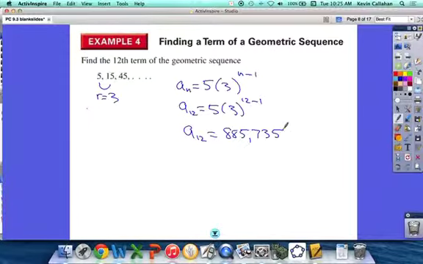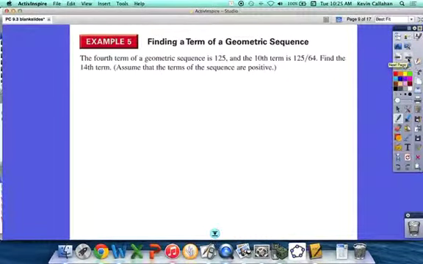Good. The fourth term of a geometric sequence is 125, and the 10th term is 125 over 64. Find the 14th term. Let me write out the terms like we did in the last section: 1, 2, 3, 4, 5, 6, 7, 8, 9, 10, 11, 12, 13, 14.